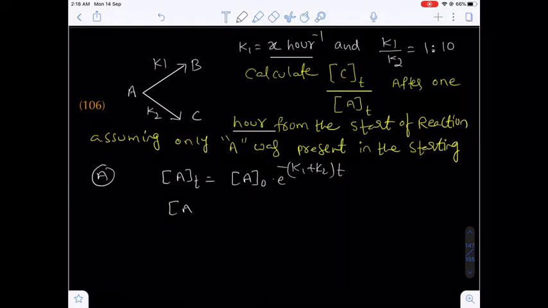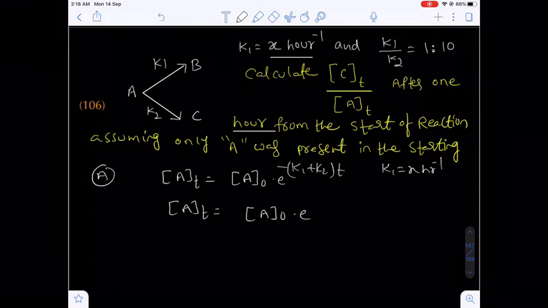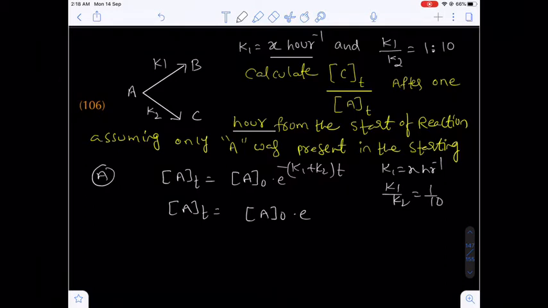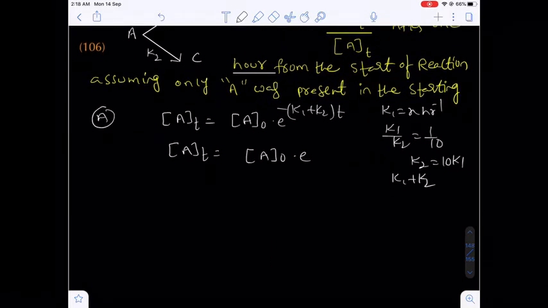Now here, concentration of reactant A at a certain time interval t will be equal to A0 into, now what will be the K1 value? X, hour inverse. What is the K1 by K2? 1/10. So K1 by K2 equal to 1/10. That means K2 is equal to 10 K1. So K1 plus K2 will be equal to 10 K1 plus K1, 11 K1, that will be 11 into x. Are you getting my point?